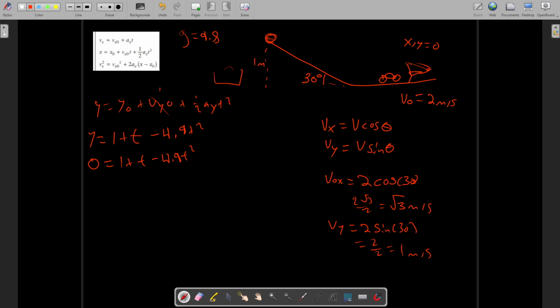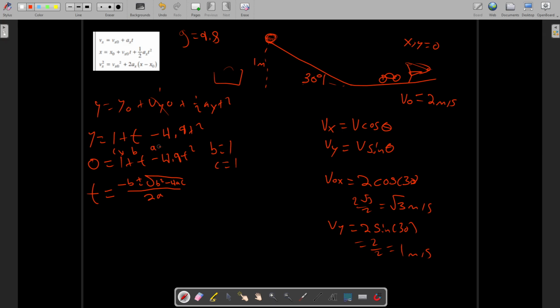So we have the quadratic equation. In this case, our variable is t. So we're going to say t equals negative b plus or minus the square root of b squared minus 4ac over 2a. And just for reference, our b is our coefficient of this t, so b equals 1. Our c is our constant, which in this case is also 1.